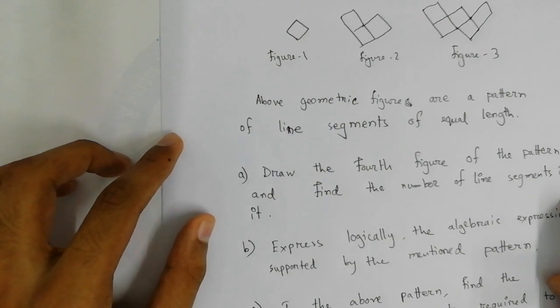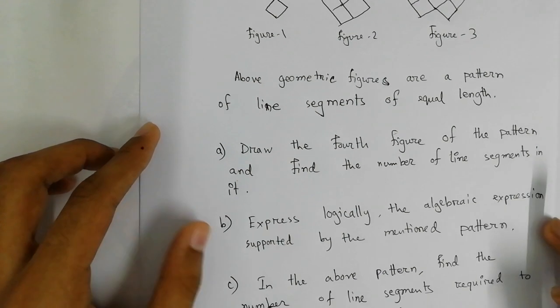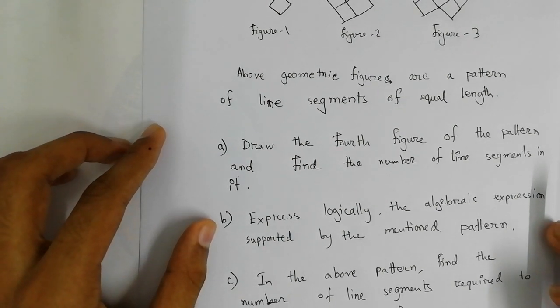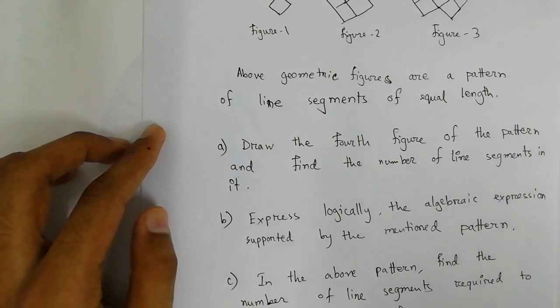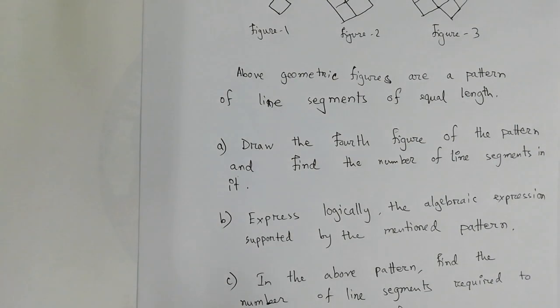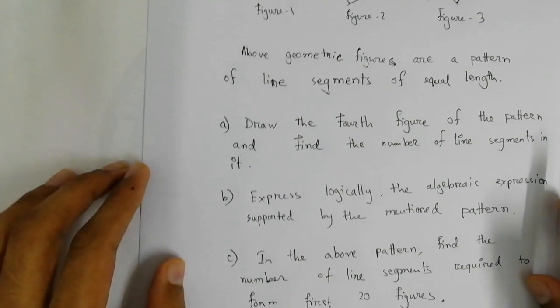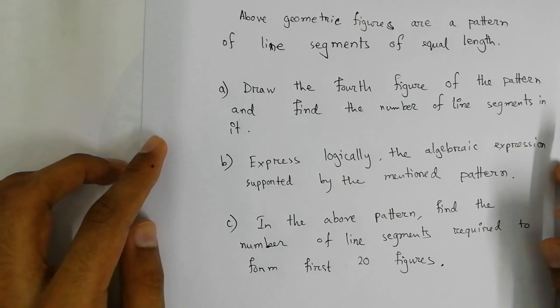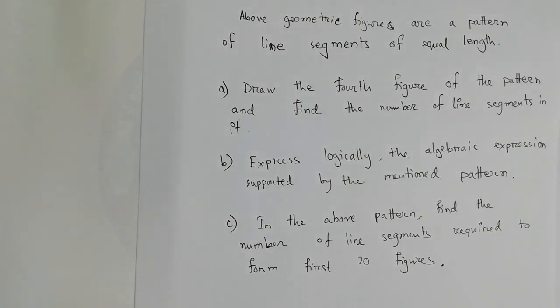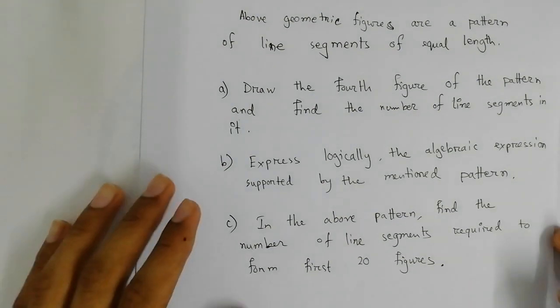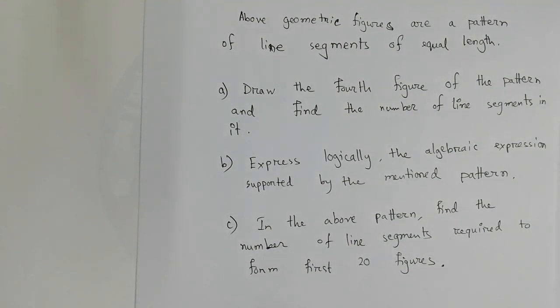In the second question, from the above pattern we have to express the algebraic expression supported by the line segments that form the pattern. In the third question, it says to find the number of line segments required to form the first 20 figures in the above pattern. So we will solve all the problems step by step in a sample form.